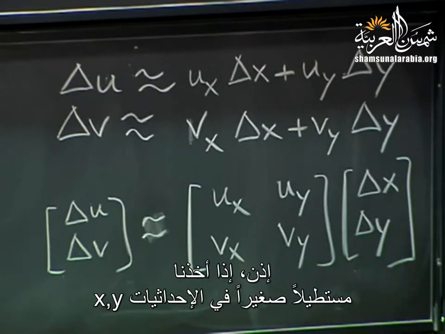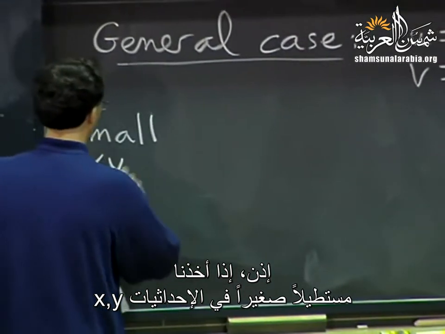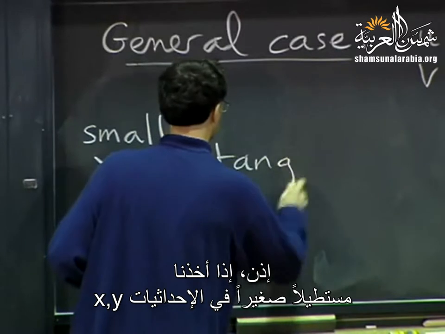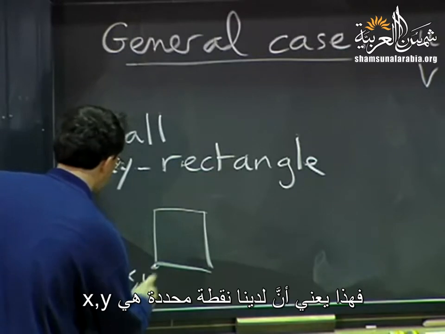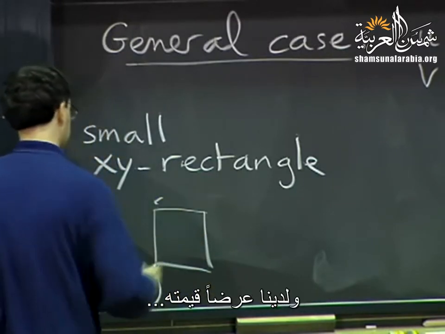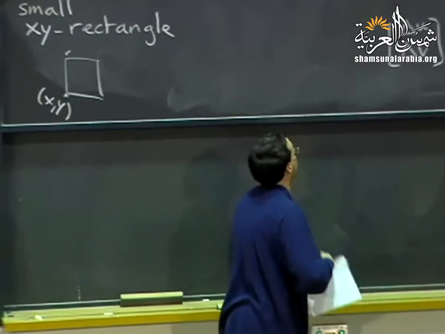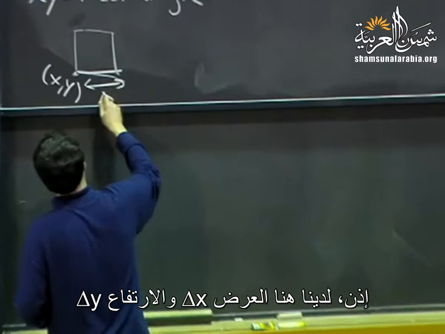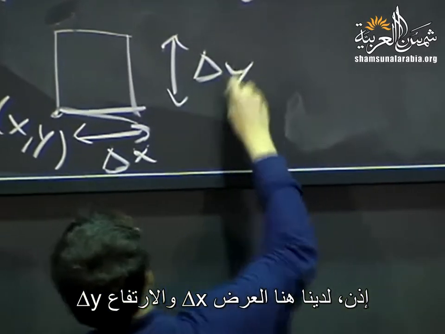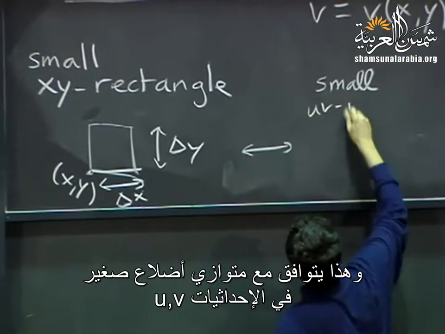So if we look at that, what it tells us is that if we take a small rectangle in xy coordinates, so that means we have a certain point xy, and then we have a certain width delta x and height delta y. This is going to correspond to a small uv parallelogram.